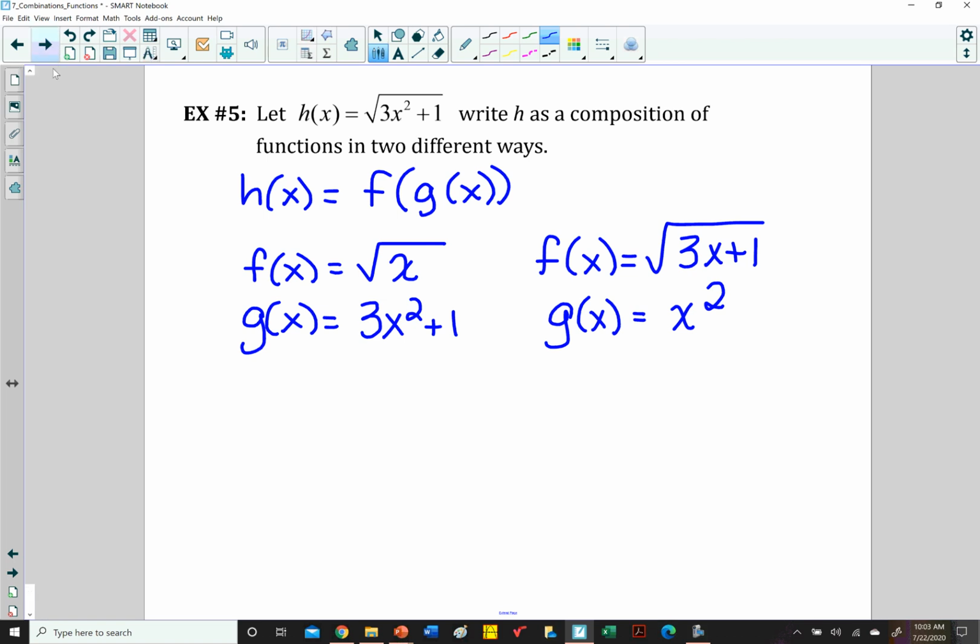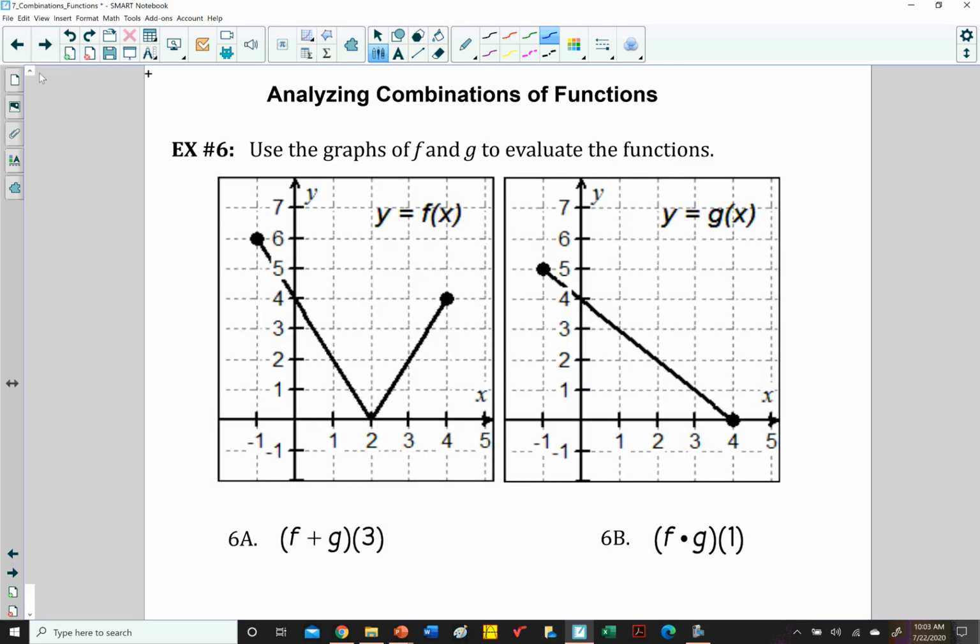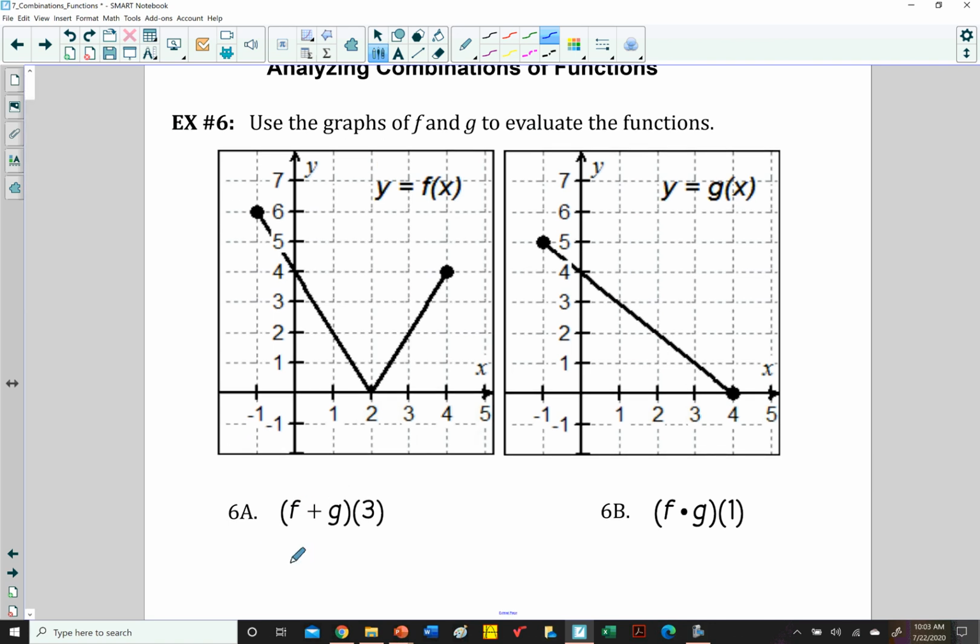In example 6, we're going to look at analyzing by using graphs. So if you have f plus g of 3, you want to use the function f and find the f of 3, and then use the function g and find the g of 3, and add those 2 y values together. So on the f graph, the f of 3 is 2, and on the g graph, the g of 3 is 1, so 2 plus 1 is 3.